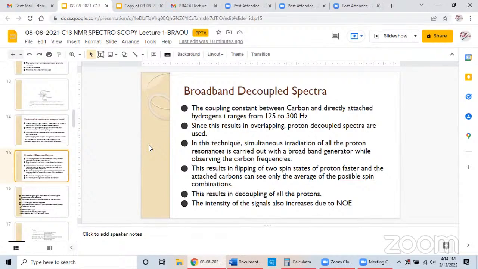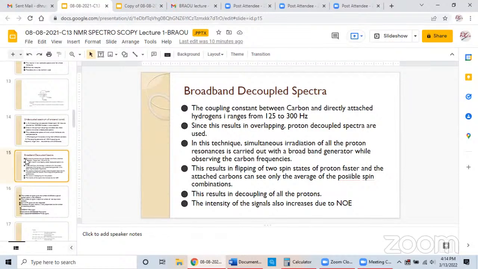So in broadband decoupled spectra, all the protons present in the molecule are decoupled.